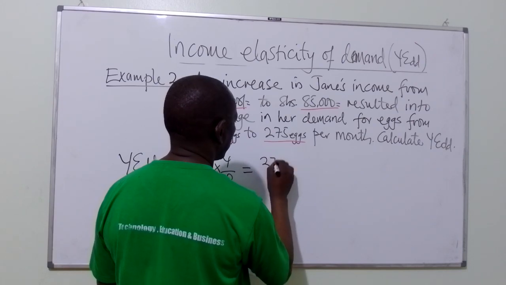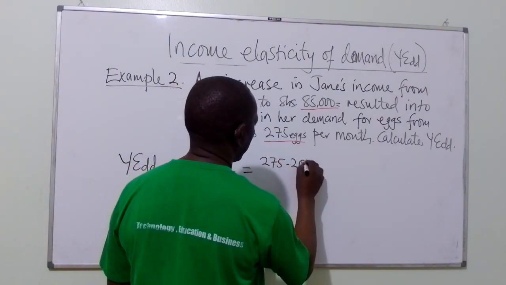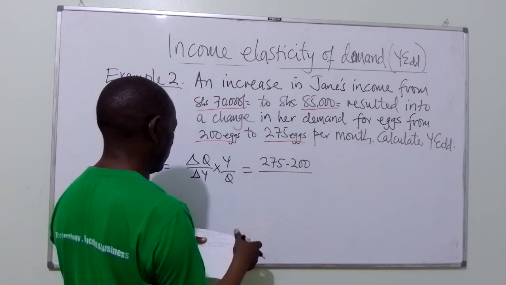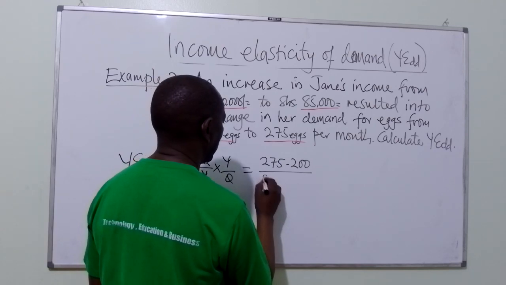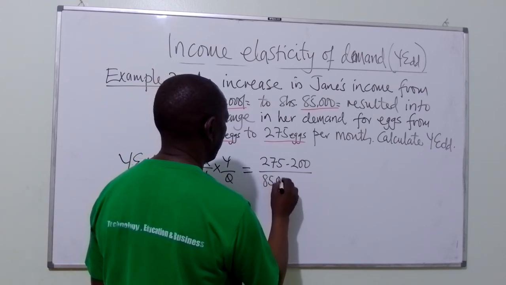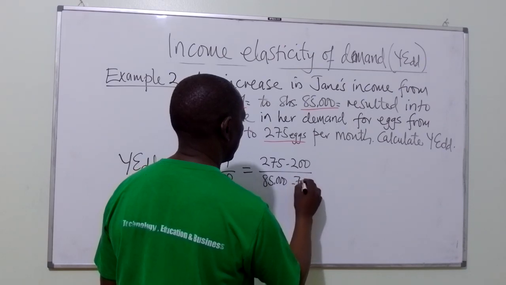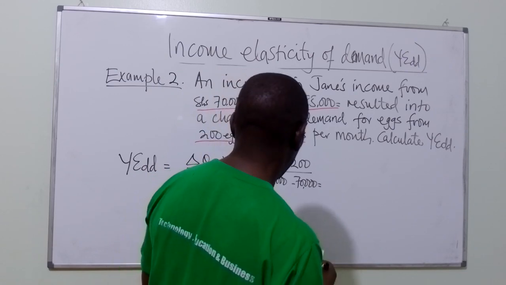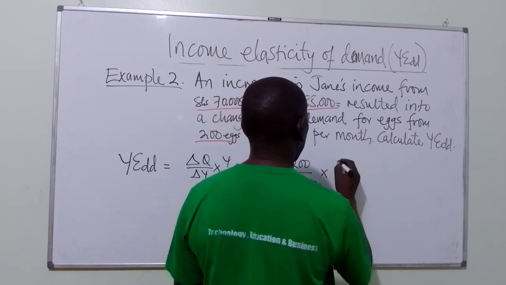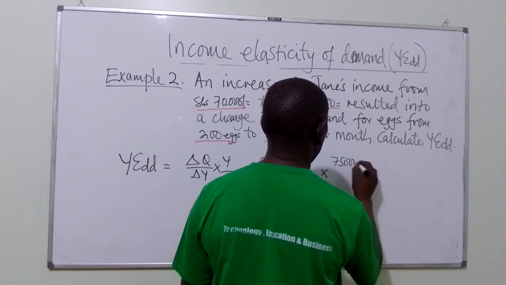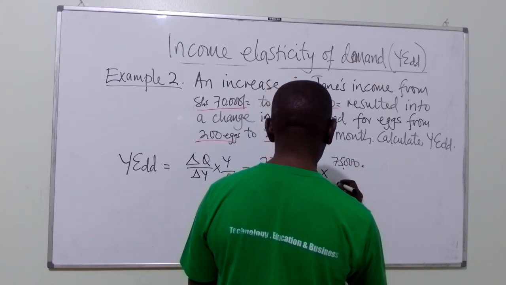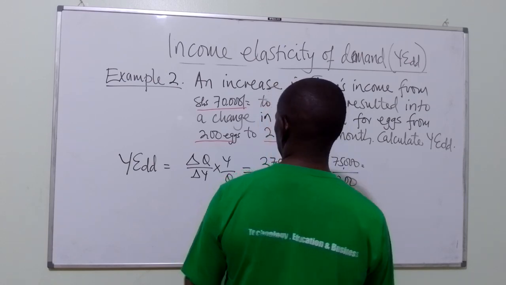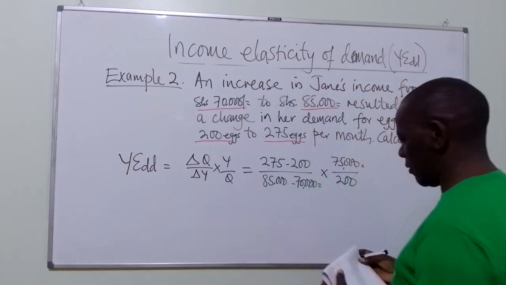We substitute it as 275 minus 200 over the change in income, 85,000 minus 70,000. We have to multiply it by the 70,000 over the 200, going by this formula of ours.